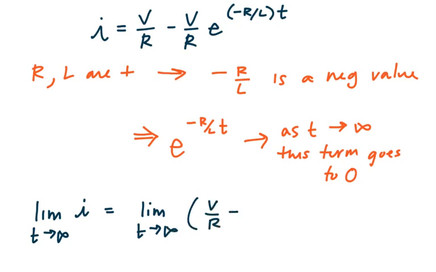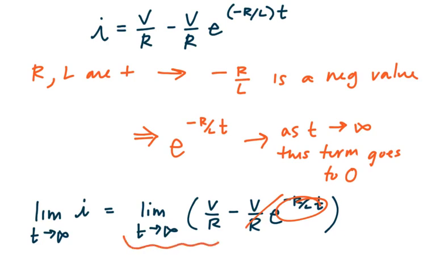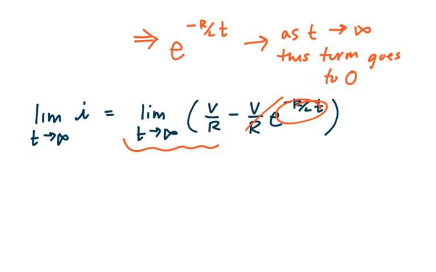V over R minus V over R e to the negative R over L t. So as we just said, this is going to zero out, which means this is going to zero out. And essentially, we're just taking the limit of a constant. And the limit of a constant is the constant.